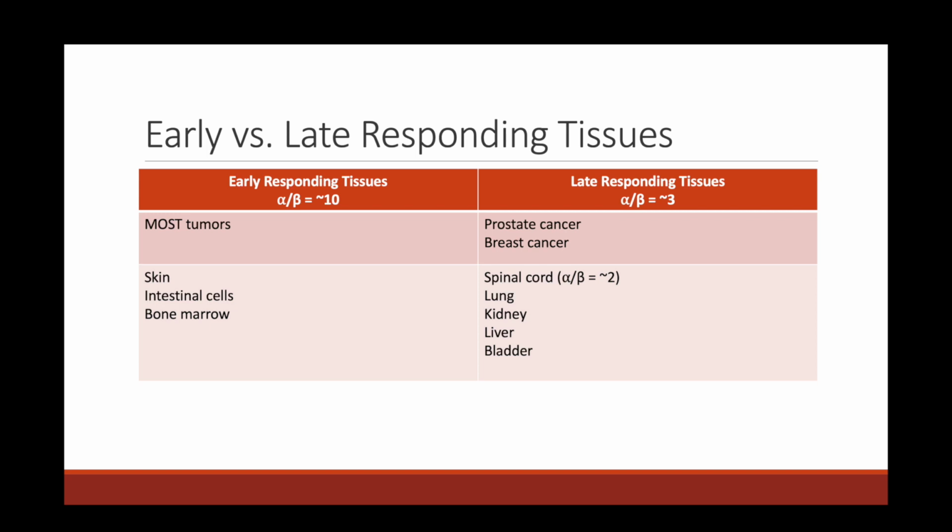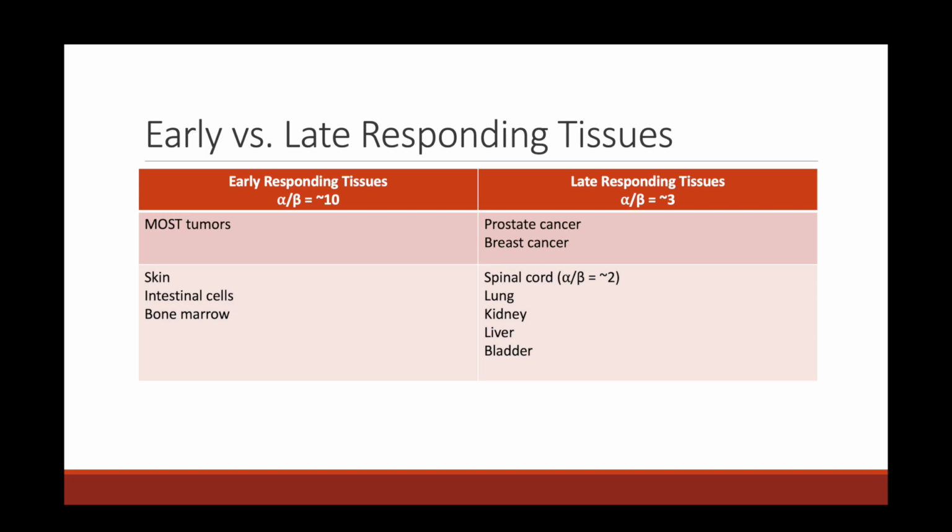Late responding tissues, think about cells that are either not really dividing or dividing much more slowly. So certain cancers, we've learned, actually behave a little bit more like normal tissue. So slow growing cancers like prostate cancer and sometimes even breast cancer, these have an alpha beta ratio that's closer to 3, which is actually closer to a lot of our normal tissues that are late responding tissues.